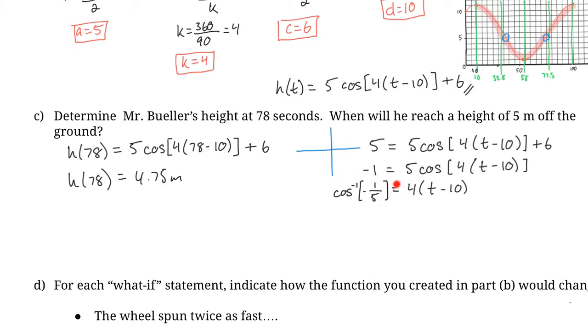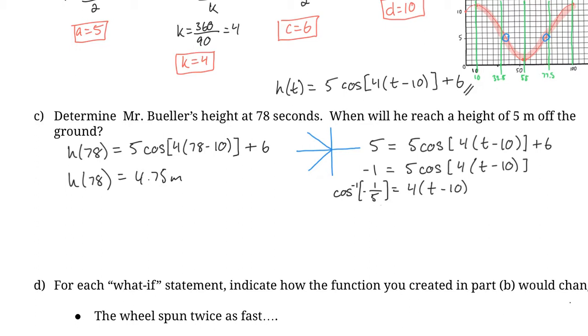At this point, after I substituted and started isolating for t, we get a negative ratio for cosine. And remember, I told you guys to never put in that negative ratio. Think of this as a triangle and always use the positive version. So if we have a negative cosine ratio, we have 2 possibilities for the CAST rule: we're in quadrant 2 and quadrant 3.